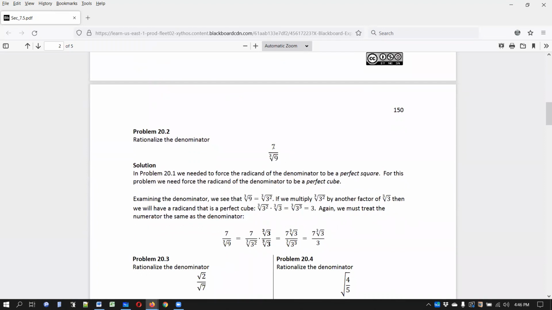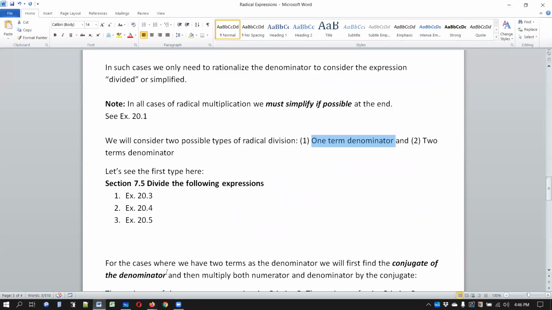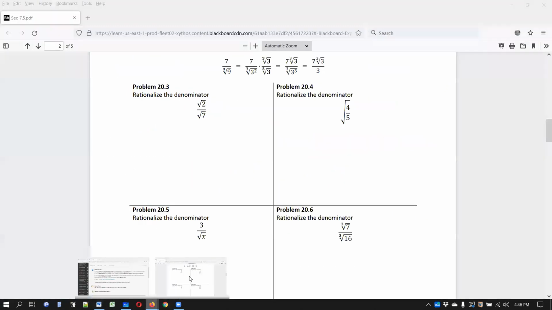And it doesn't really matter if we have more complicated radicals in the denominator. So let's take a look at the examples I have here. 20.3 is the first one. So here is one such case. The question is either going to read rationalize the denominator, or divide, or simplify.